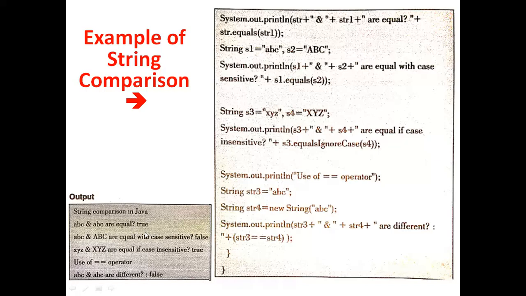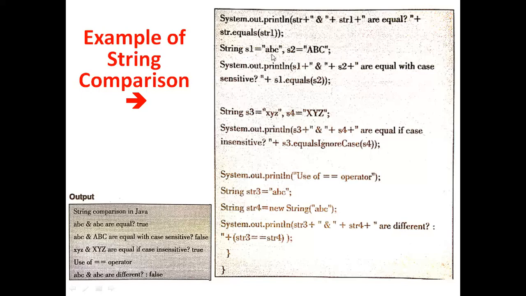As we have seen, str and str1 are the same, therefore in the output console we see that the result is true. Again, I have declared S1 and S2 as two strings. In S1 I have stored small abc, and in S2 I have stored capital ABC.